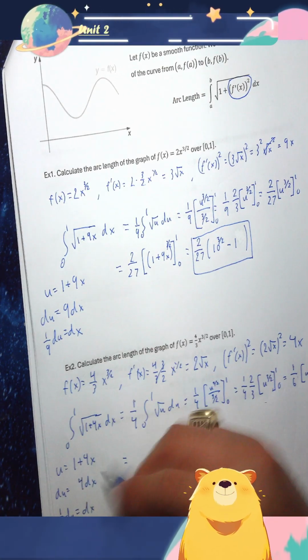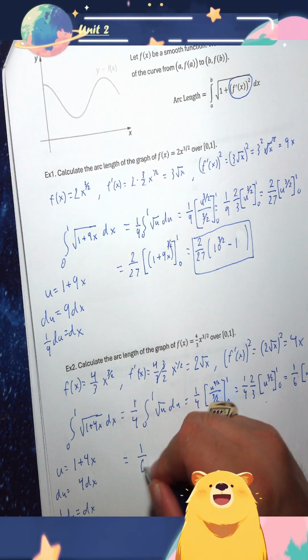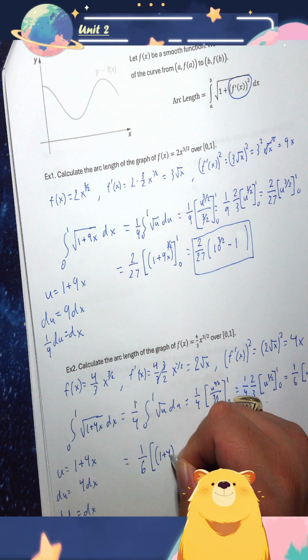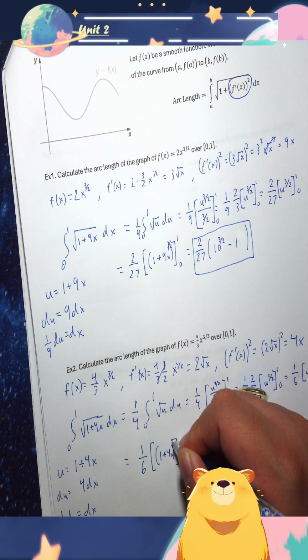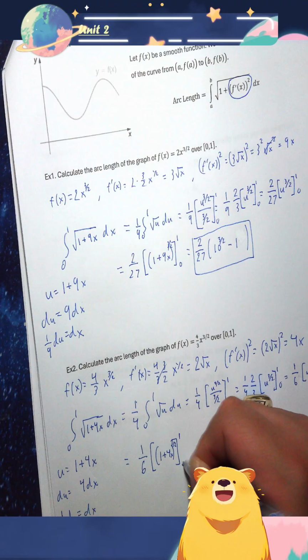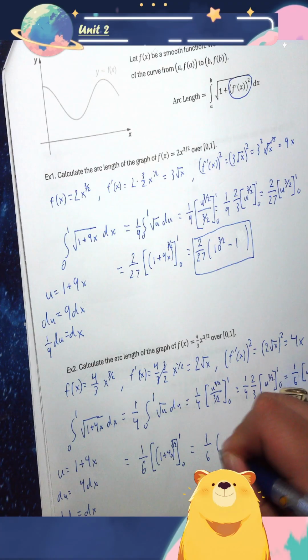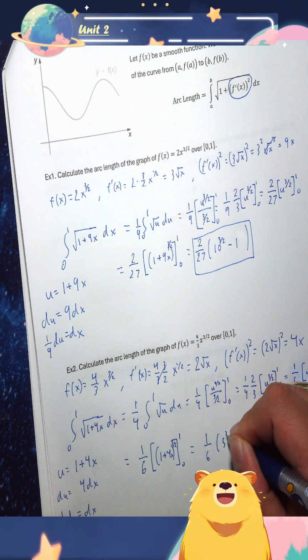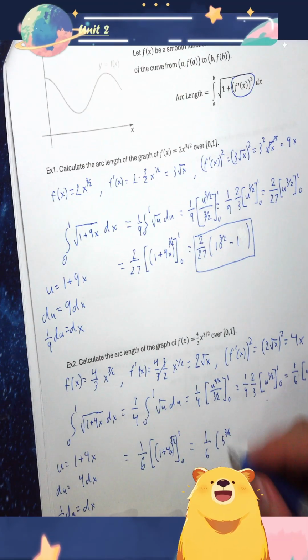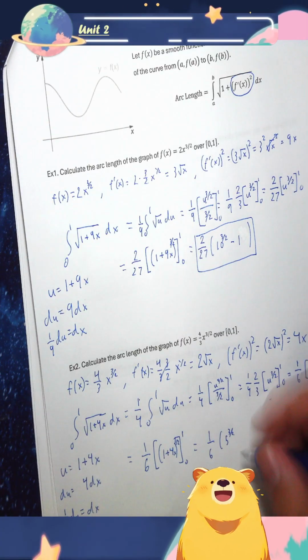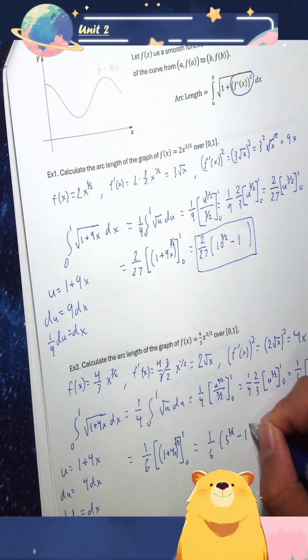And then you plug back in what you got for u, 1 plus 4x to the 3 over 2, from 0 to 1. And again, you have a similar problem with something that can't really be rewritten. That's the closest you're going to get to a simple representation of this value, and then minus 1.